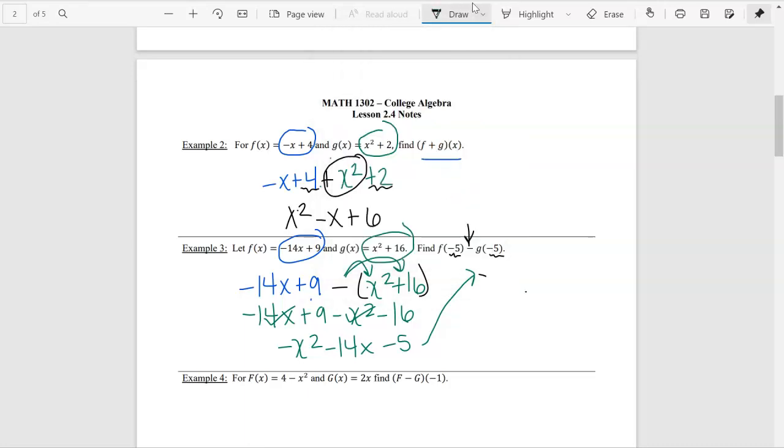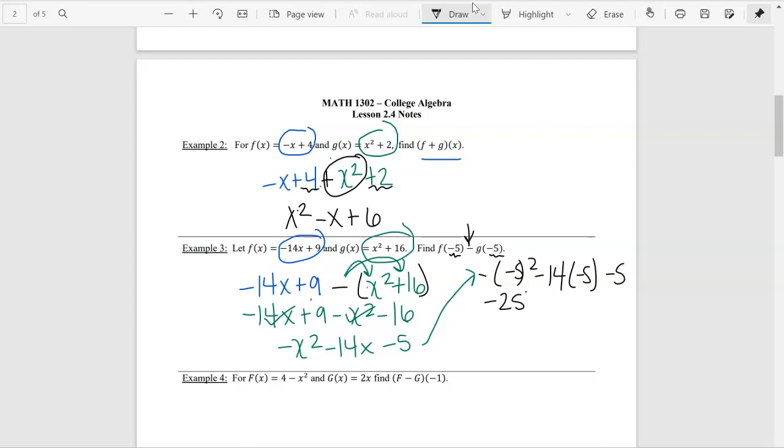So everywhere I see an x, I'm going to put parentheses because they say plug in a negative 5 for that. So negative 5 times negative 5 is 25, but we've got this minus out here, so negative 25.